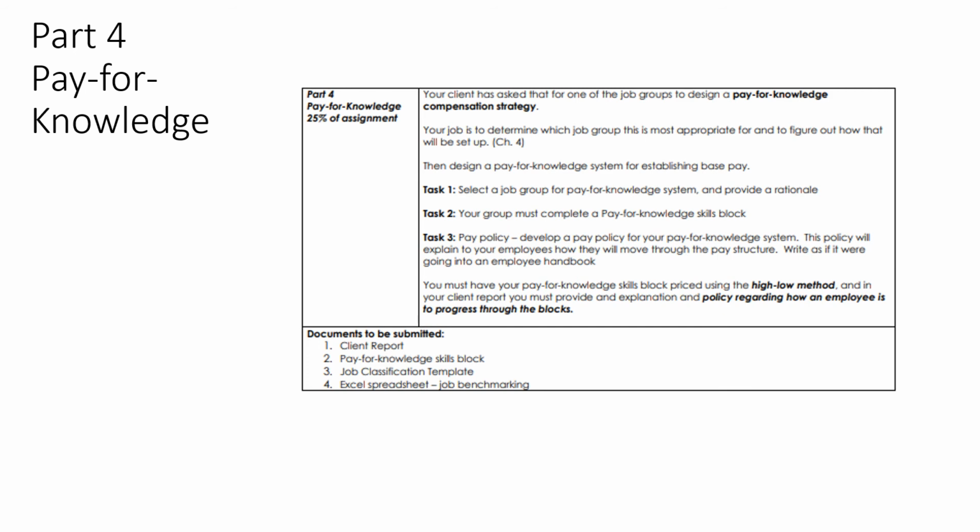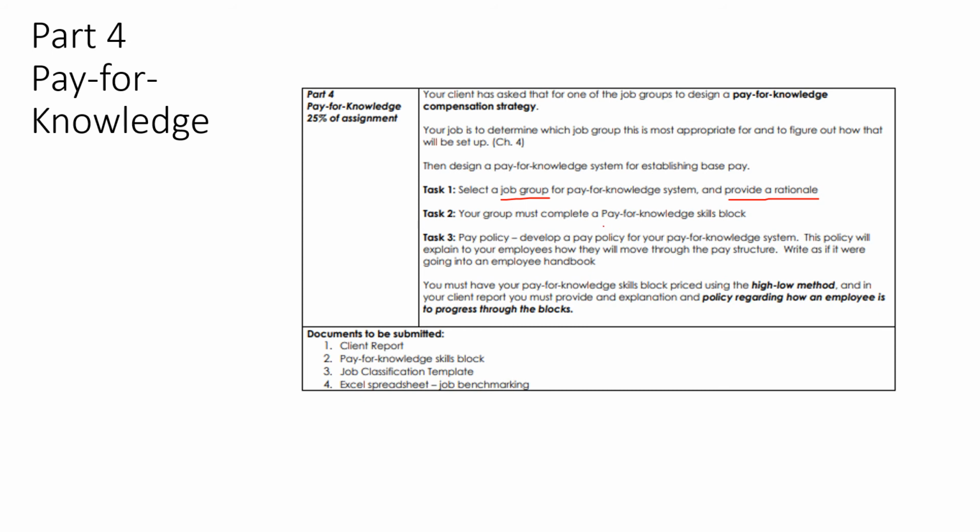So you need to design a pay for knowledge system for establishing base pay. So you have to select a job group, and your first task is to select the job group and provide a rationale in your client report as to why you selected that particular group and how you think that that group will benefit from a pay for knowledge system.